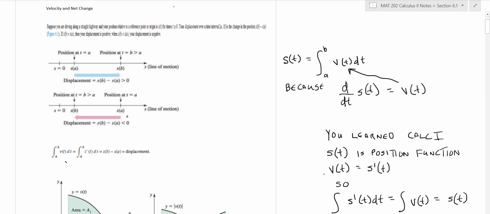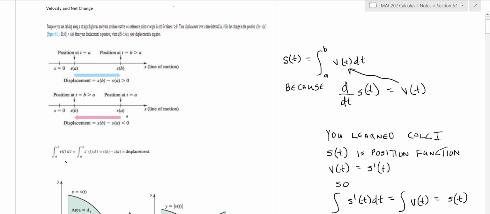You also learned about antiderivatives. The idea is differentiation and integration are kind of reverse processes. So if you integrated the derivative, if you integrated s'(t), you should get the position. Another way to look at that is, how do you check the answer to an integral?